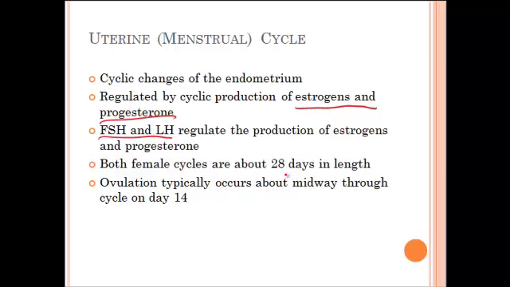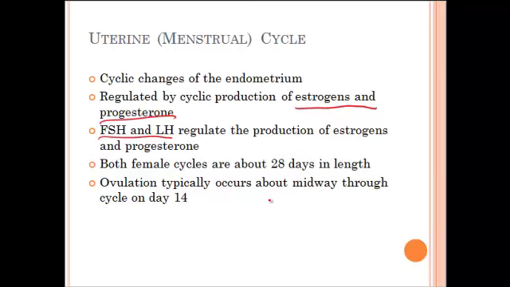As I mentioned, the cycle can vary in length, but one thing is kept pretty constant, and that is that ovulation happens about 14 days, about halfway through the menstrual cycle. But from ovulation to the end of the cycle, from the menstruus being released, that is almost always 14 days.